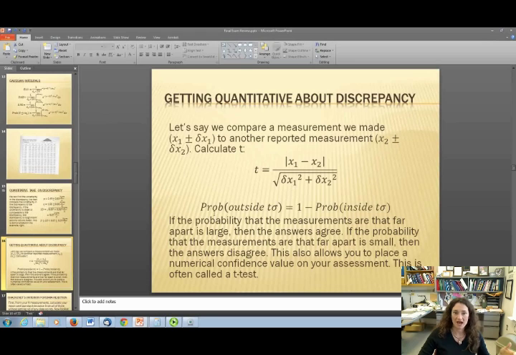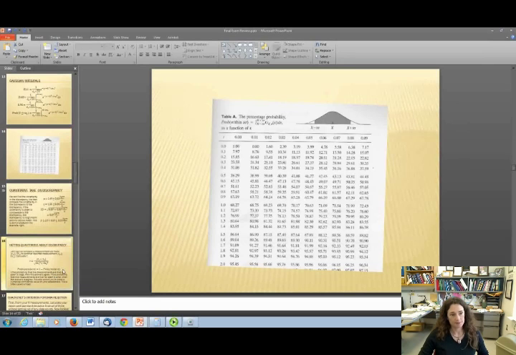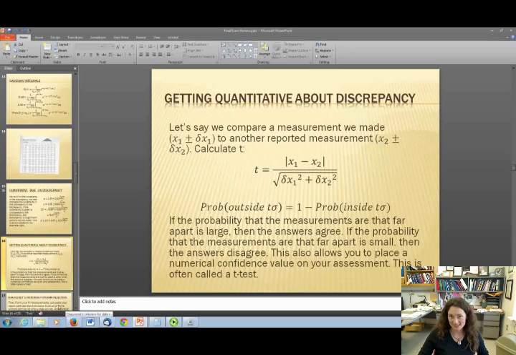So its probability outside t sigma is 1 minus the probability that it's inside t sigma, okay? And that gives you that. Then you go to your chart here and see what those probabilities actually are and compare it to a known value. If you're confused by this, just make sure to look back at that lecture that I gave on the Gaussian distribution function, okay? And it'll help you. This is called the t-test, by the way.